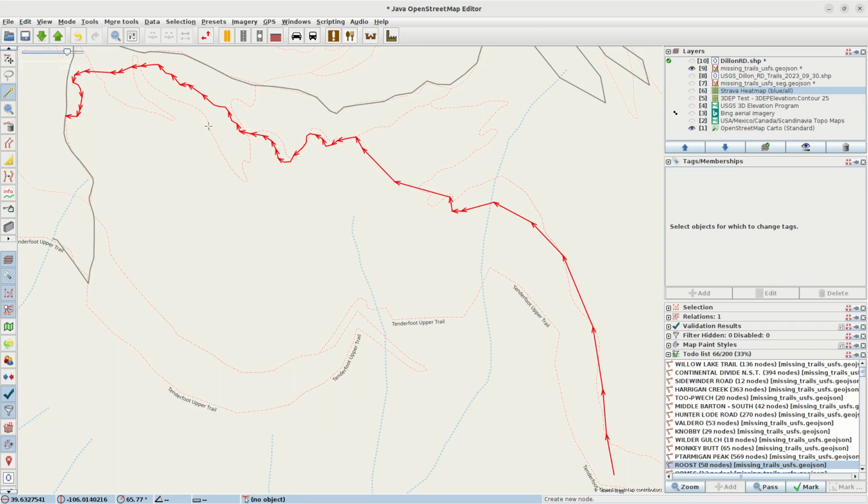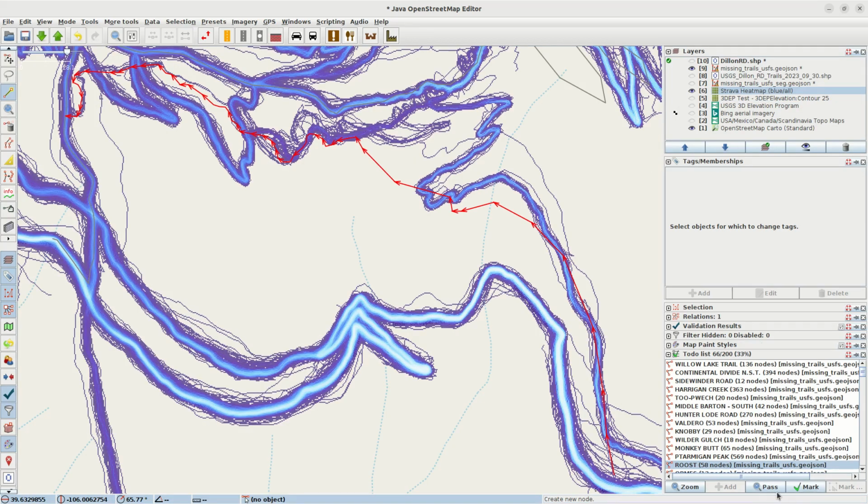I mean, there's a lot of other trails in the area, but none that really have this configuration. So it's not just shifted by a few meters. So it very well could be that this trail in OpenStreetMap is the Roost Trail. Without a ground survey, we don't know. But what we do know is there is no trail that follows the alignment as depicted by the Forest Service. So it is an error.